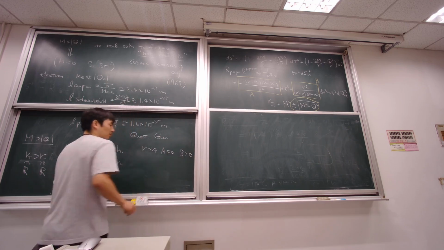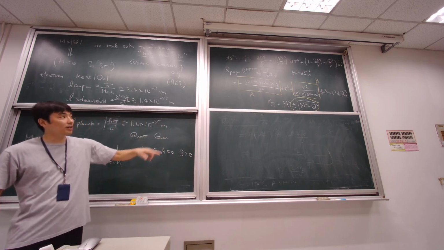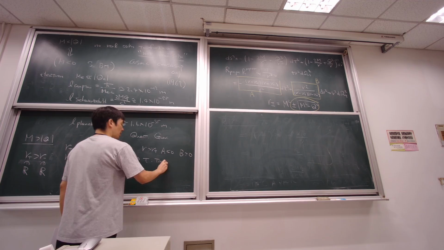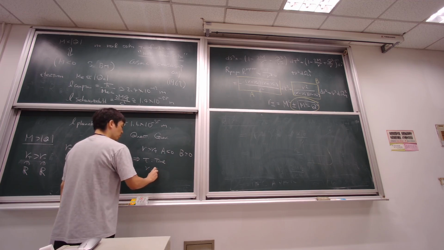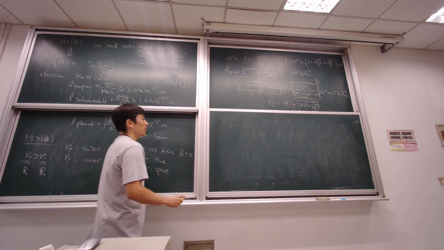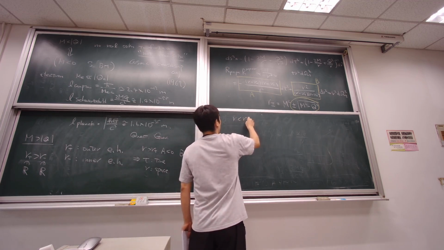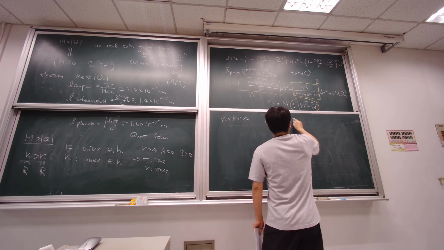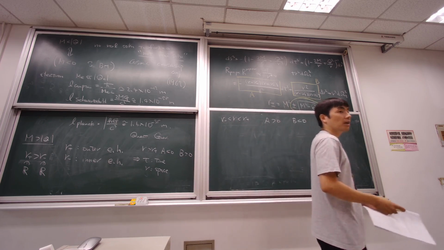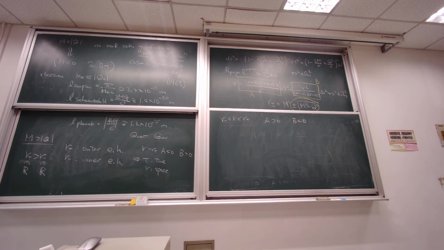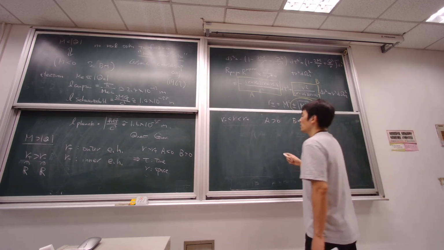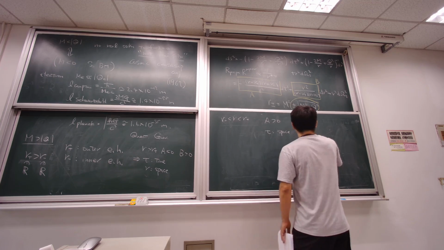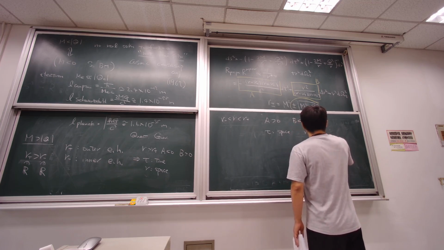And B is positive. So this means that t is the time coordinate, and r is the space coordinate. On the other hand, when r is between r plus and r minus, A becomes positive and B becomes negative. Do you agree with that? So this means that the time coordinate becomes a space coordinate, and r is the time coordinate.